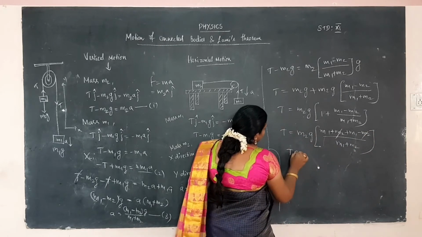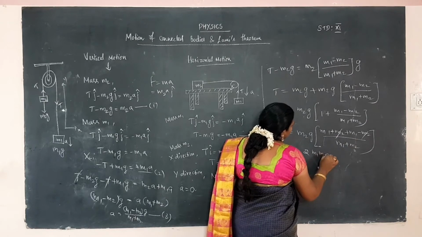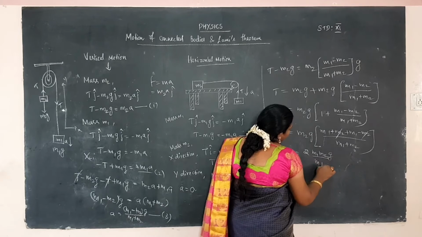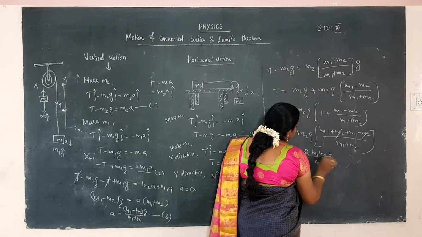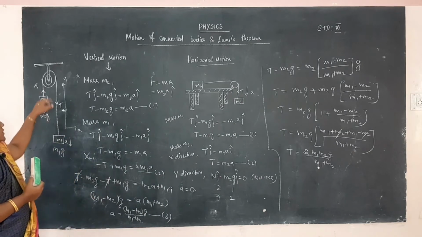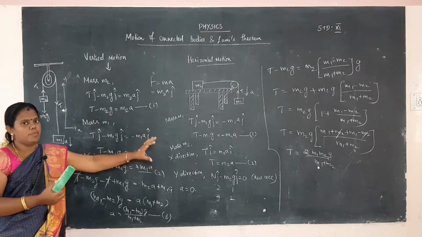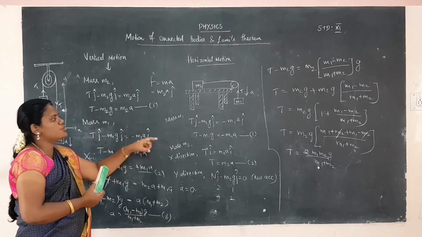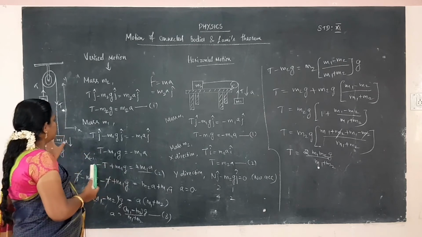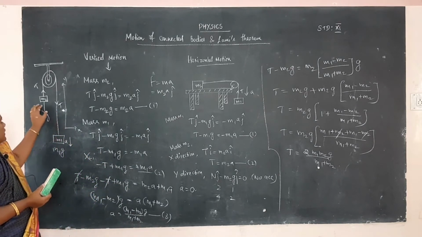So T is equal to 2 m1 m2 g by m1 plus m2. This is the tension acting on this string. Okay, so in the horizontal direction we can easily calculate the tension acting on the string. T is equal to 2 into m1 m2 g by m1 plus m2. Okay, how did you calculate it? First we take the mass m2.